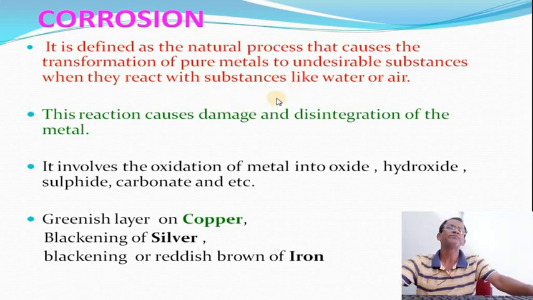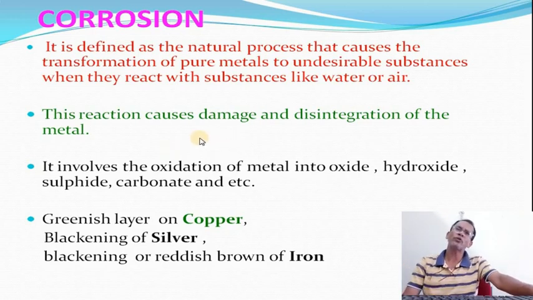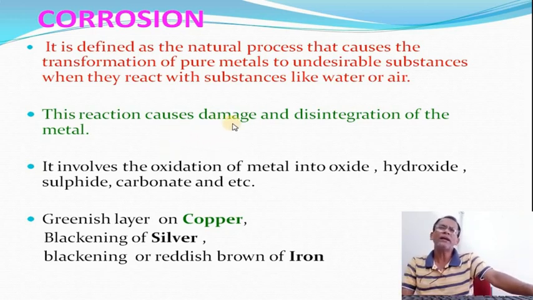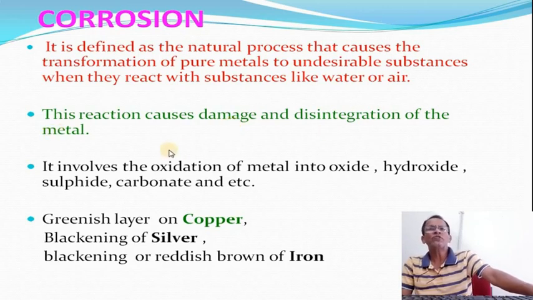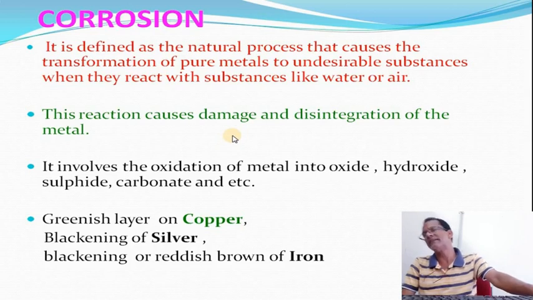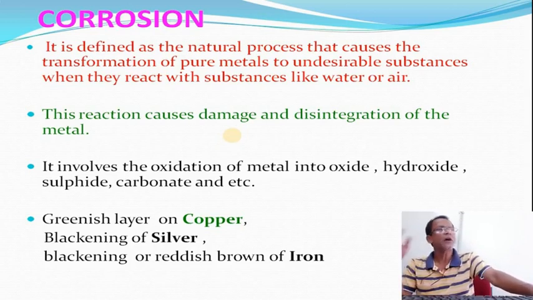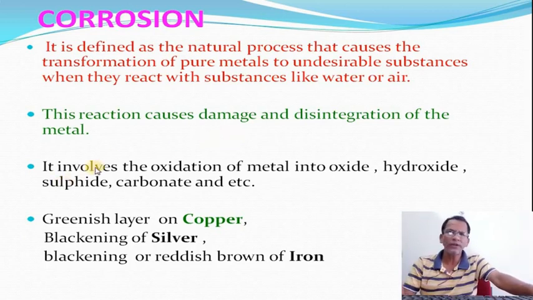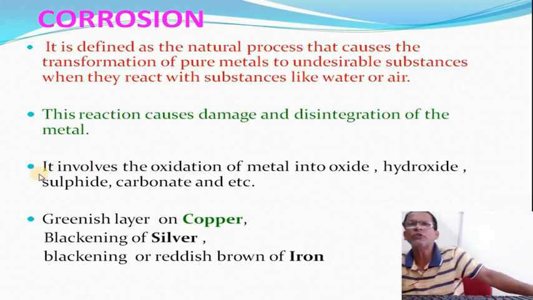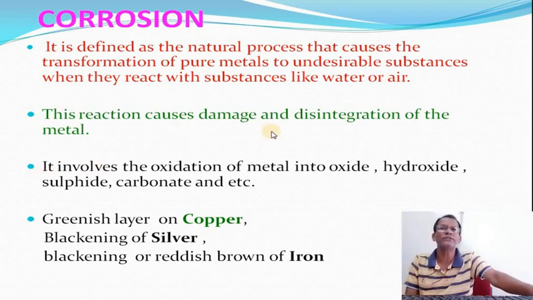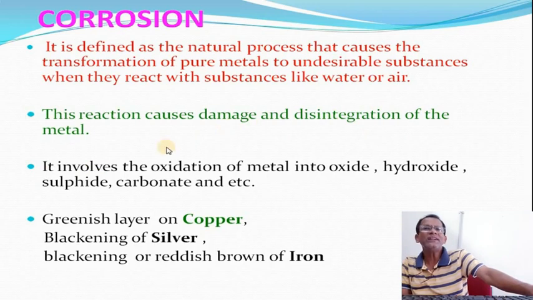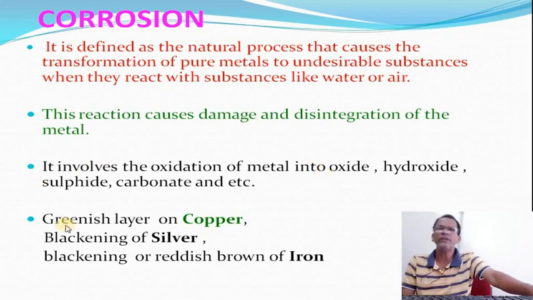That is called corrosion. Corrosion causes damage to the metal and also causes its disintegration. Due to corrosion, the thickness of the metal will be reduced after some days due to the formation of unwanted substance. When the unwanted substance is removed from the metal surface, it will be disintegrated and the thickness will be reduced.